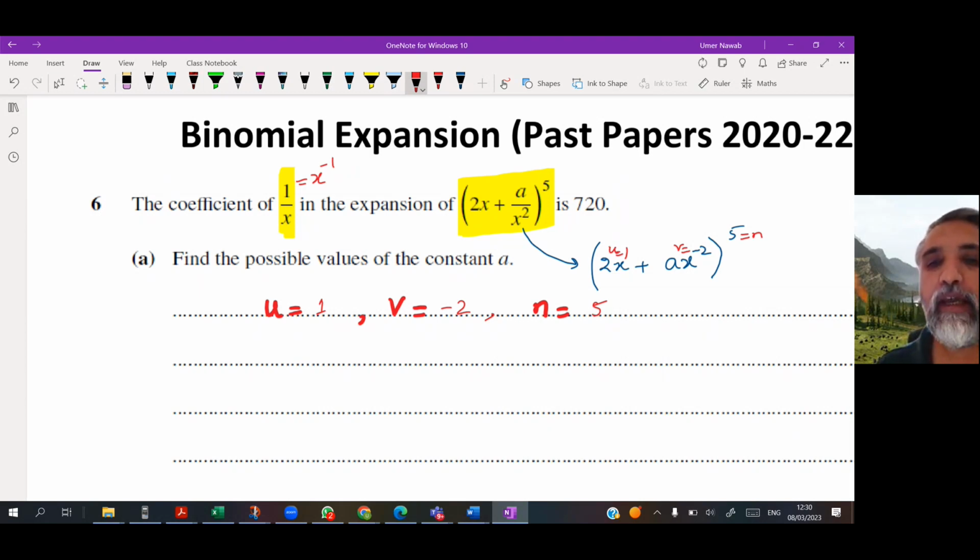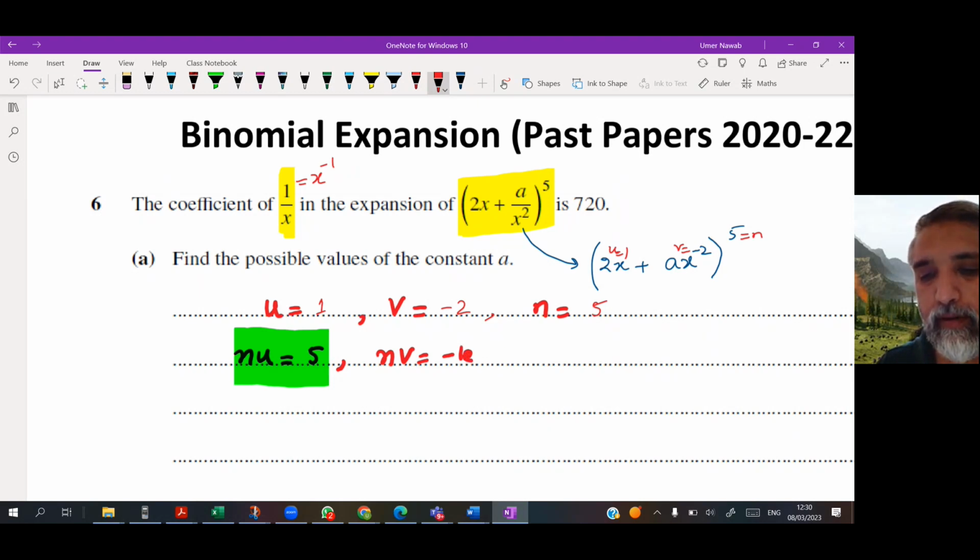After writing u, v, n, I am going to quickly write nu, which will give me 1 times 5, or 5 times 1, 5. This is the power of my first term of x. Next thing is nv. Minus 2 times 5 is minus 10.